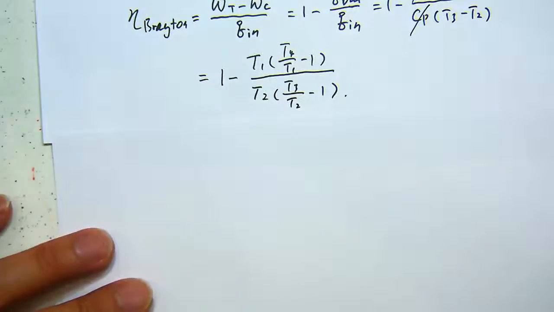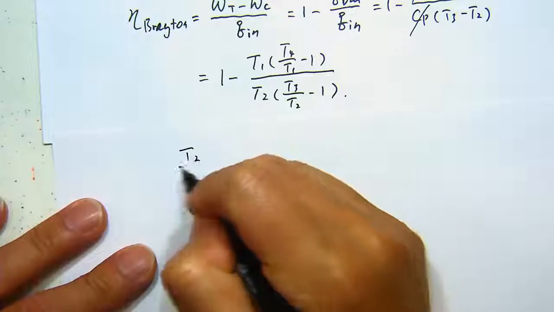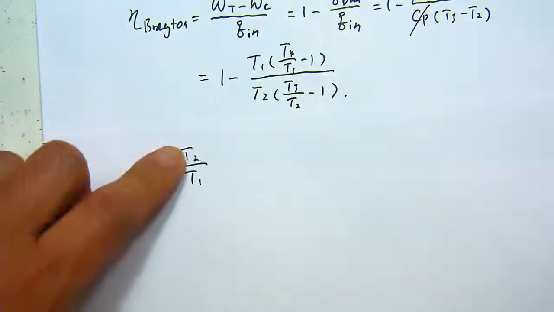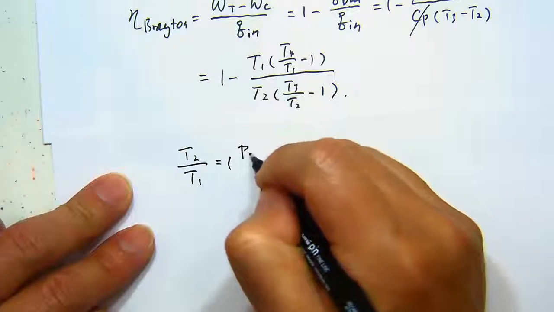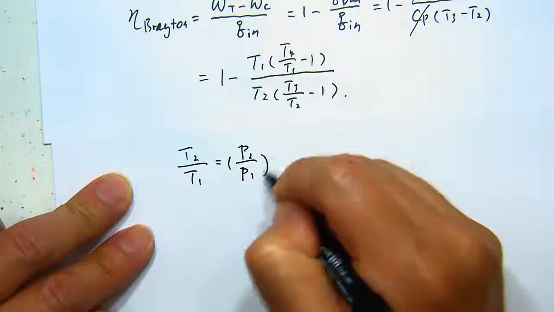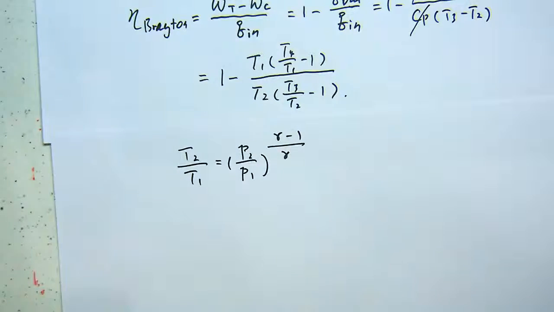So if we consider the isentropic relation applied to the compressor and applied to the turbine. On the compressor, we can write T2 over T1, the compressor outlet over compressor inlet, should equal the pressure outlet over pressure inlet, following the isentropic law.